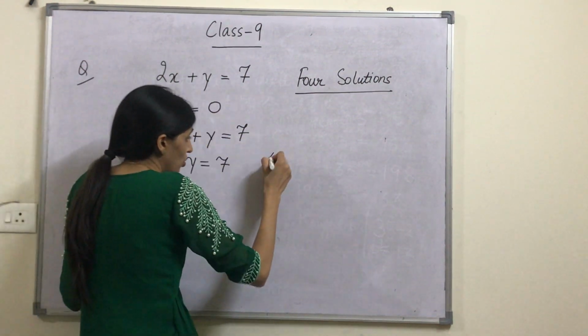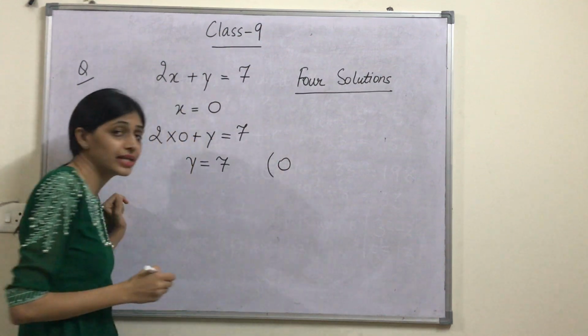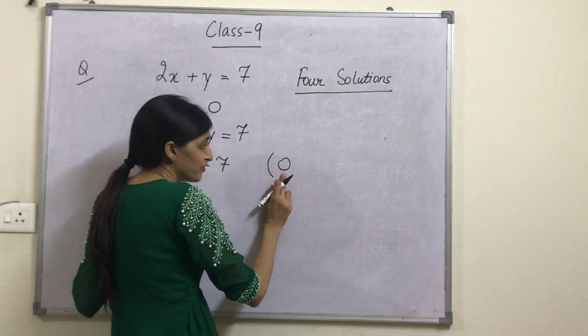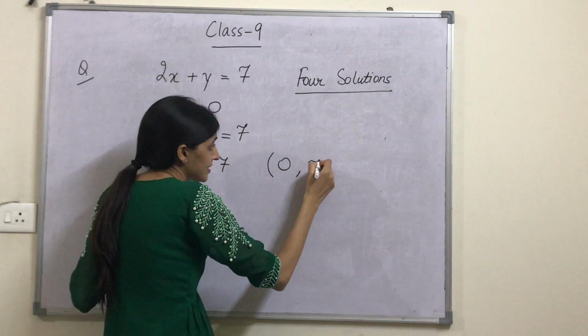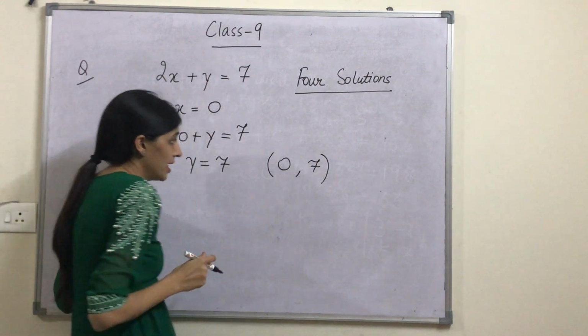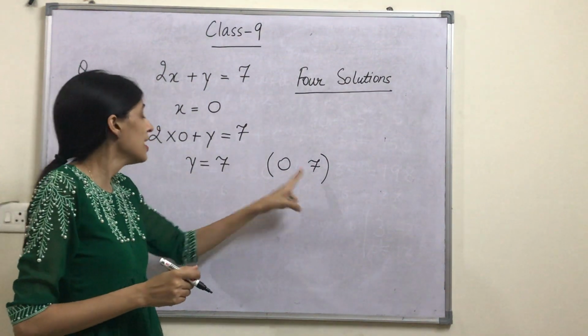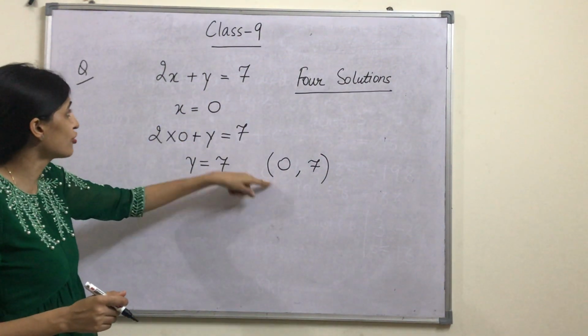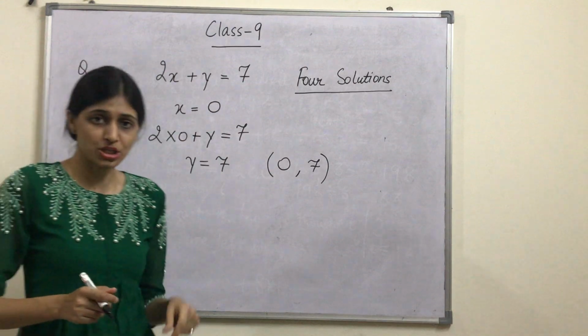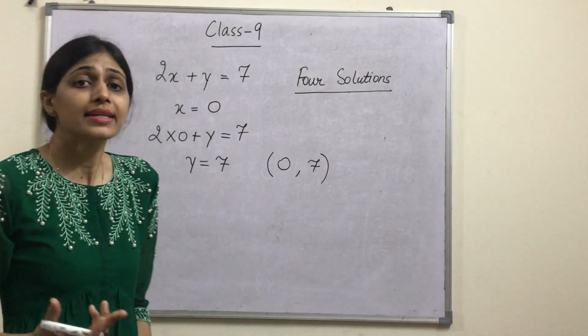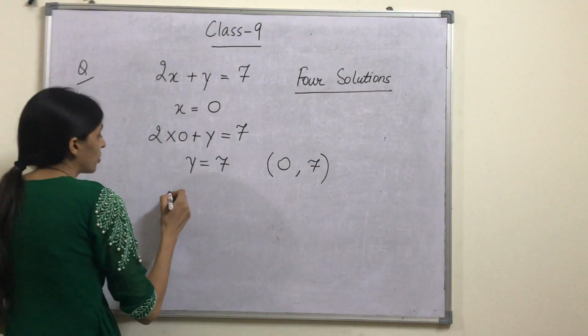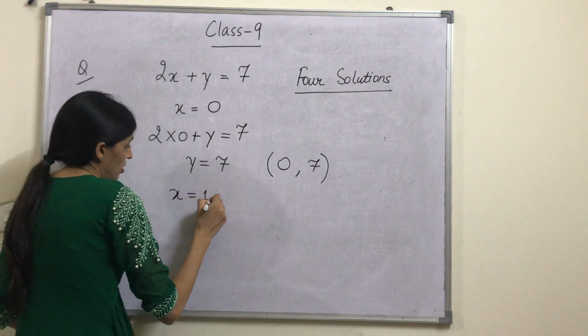So x is 0. Whenever you write the coordinates, the first is your x and the second is your y. So this comes out to be (0, 7), and this is the first solution of the given equation. Right? To find the next solution, put x equals to 1.